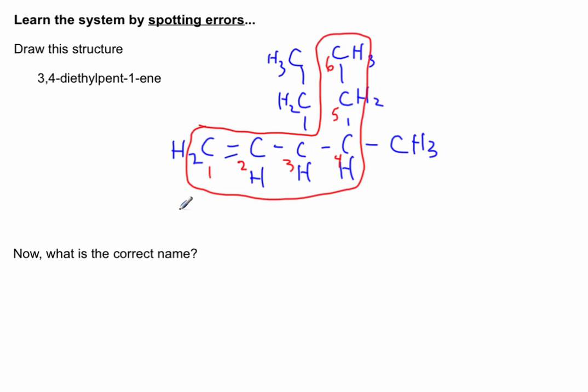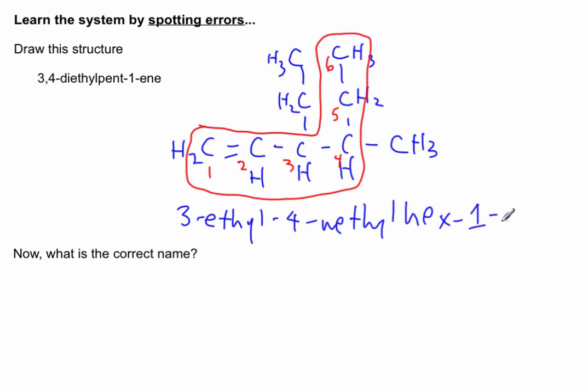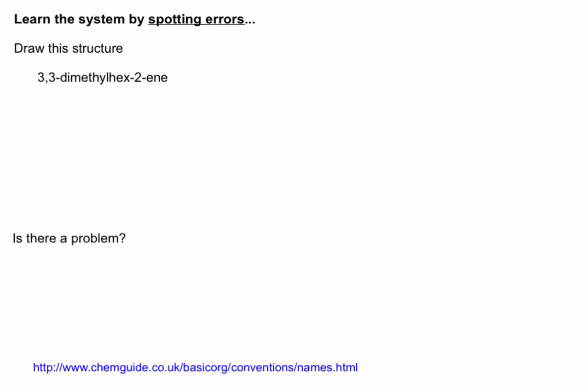So it's going to be 3-ethyl-4-methylhex-1-ene. Okay, so again, you will almost always be able to draw something given the name. Sometimes the name's not correct.